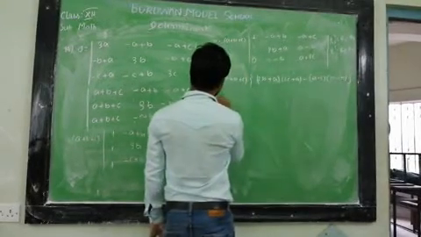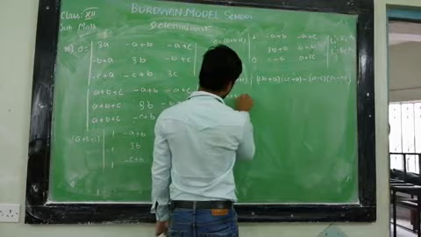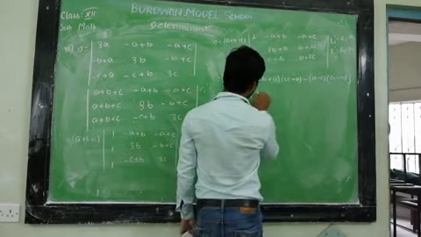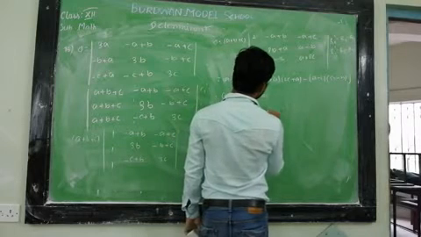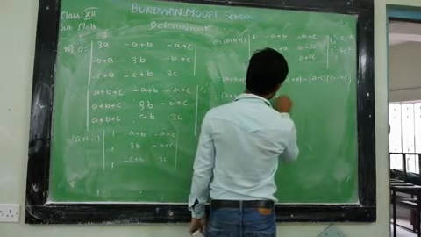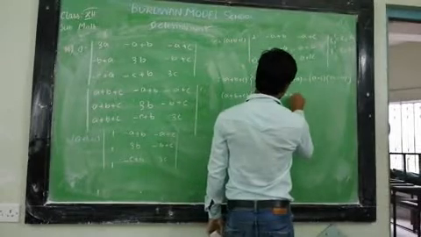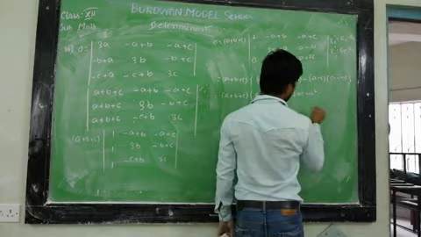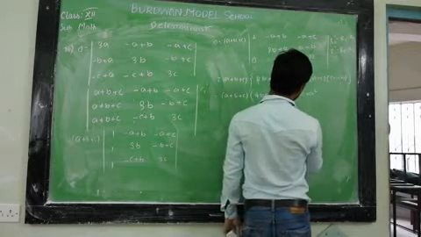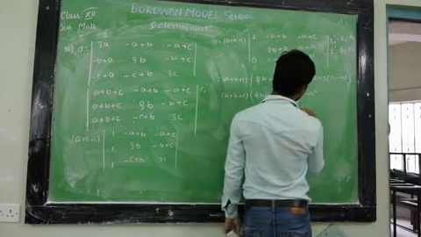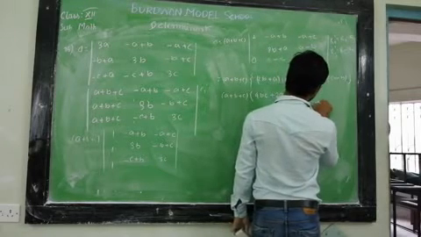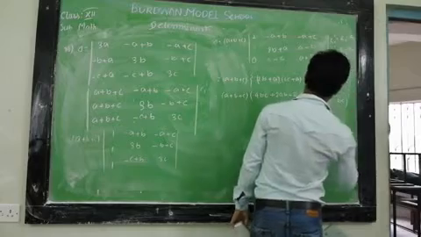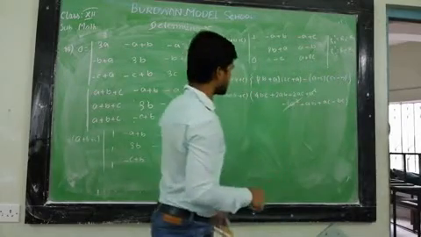Now expand this, that is a plus b plus c into 4bc plus 2ab plus 2ac plus a square, minus a square plus ab plus ac minus bc. So plus a square and minus a square will cancel each other.